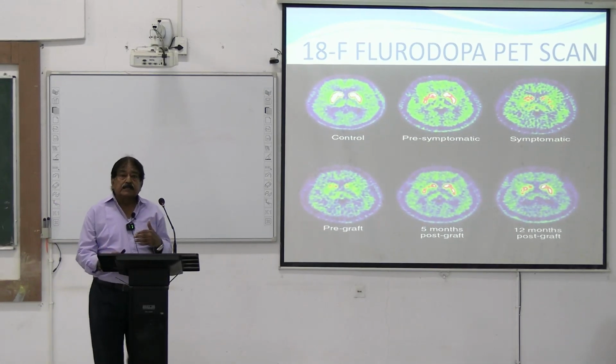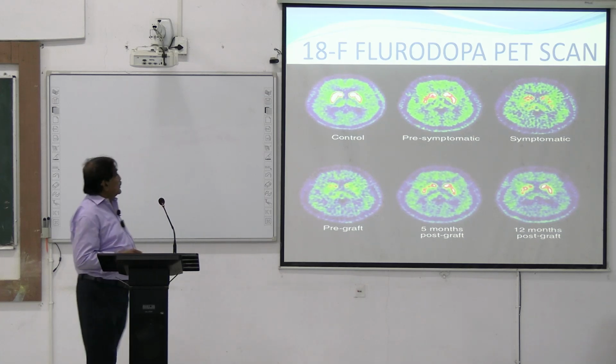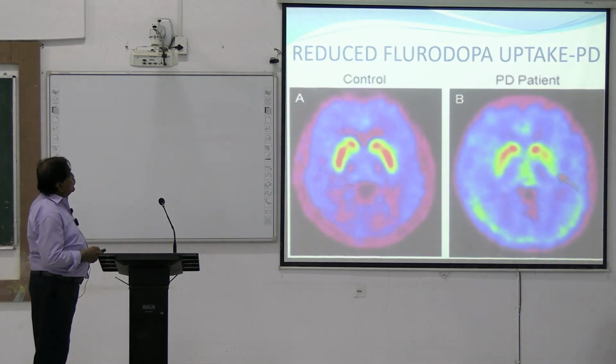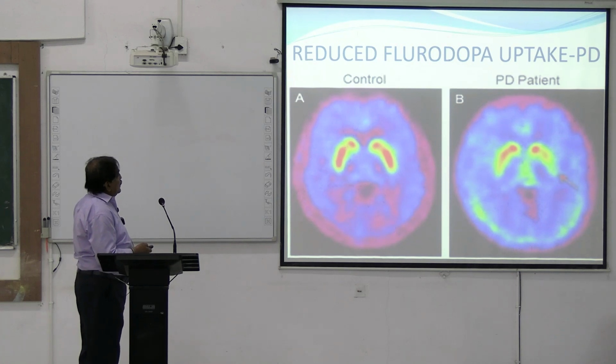Advance means, in Parkinsonism or any disorders of the basal nuclei, that is in the experimental stage of embryonic tissue transplant. Now, reduced fluorodopa uptake, control and PD patient.